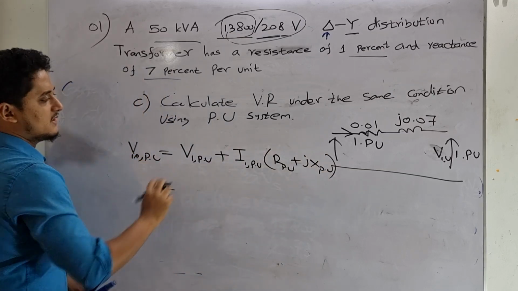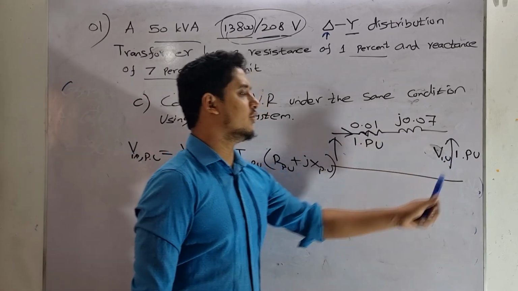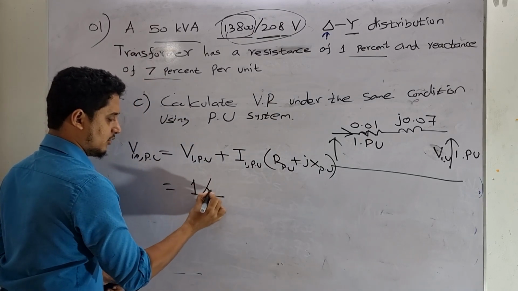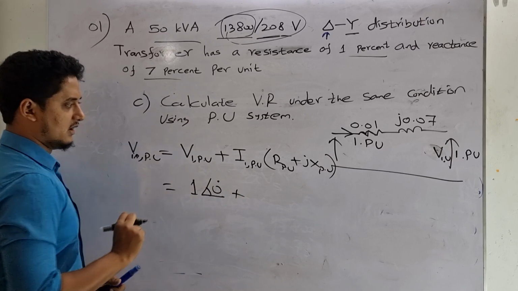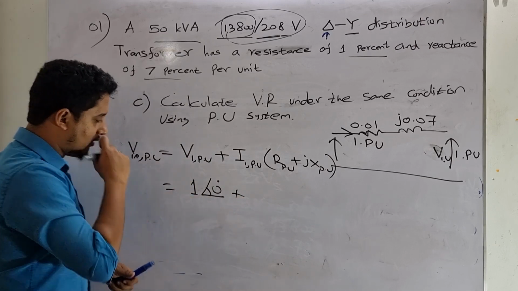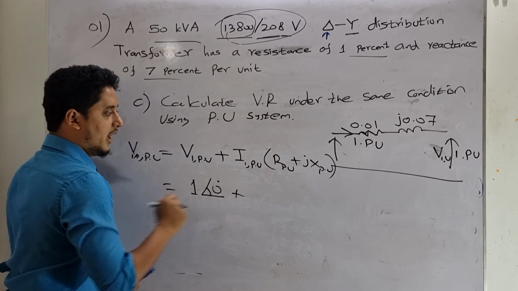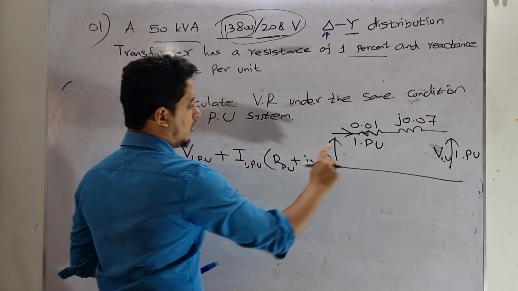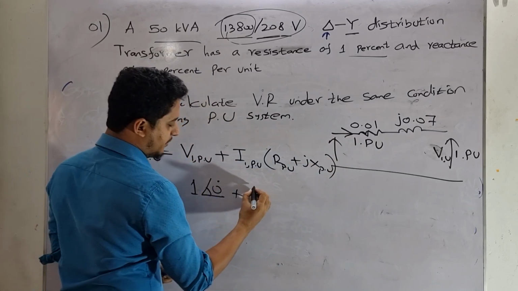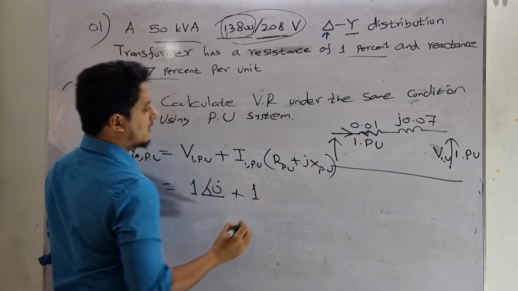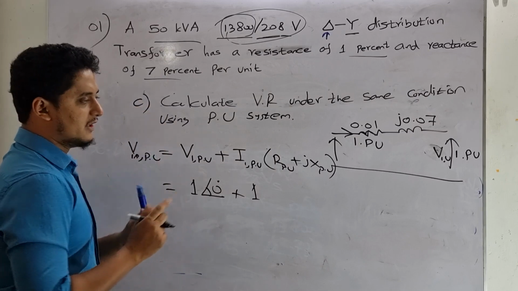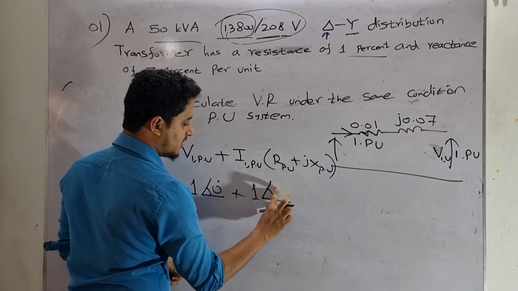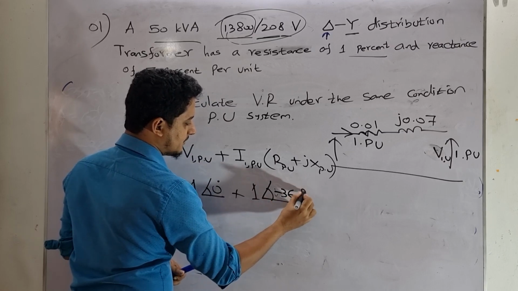Okay, so what is the output voltage? Per unit output voltage is 1, so we can refer to this as 1∠0 with phase angle 0. For the input current, the transformer current, we know the per unit current is 1, but there is a phase difference between voltage and current of minus 36.87 degrees.